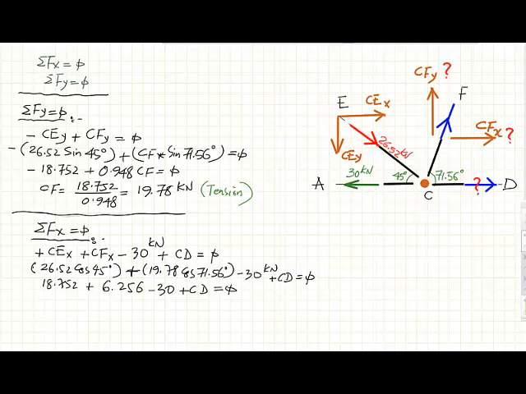So if we bring everything to this side, it becomes 30 minus 18.752 minus 6.256, so CD is equal to 5 kilonewton, and again it is positive. So what does that mean? It means that whatever direction we assumed for CD is correct, and we assumed a direction for CD that is tension. So we'll mark this as tension. CD is equal to 5 kilonewton tension.